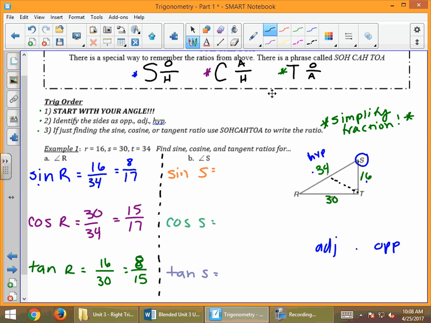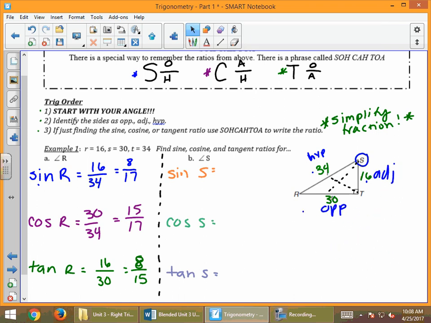Remember, we're starting with a new angle, so our opposite side is now 30, and our adjacent side is now 16. So when you're dealing with the same triangle, but you're making ratios for the other angle, the opposite and the adjacent just trade places.